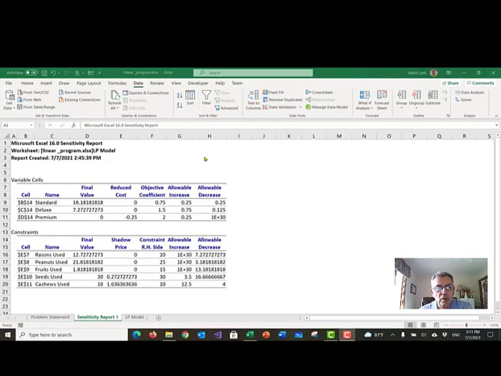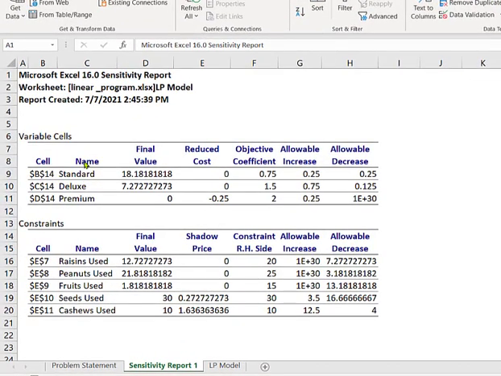The sensitivity report consists of two distinct sections: the variable section and the constraint section. On the variable side, first you have the three decision variables. At optimality, the values are 18.18 for standard, 7.27 for deluxe, and 0 for premium.